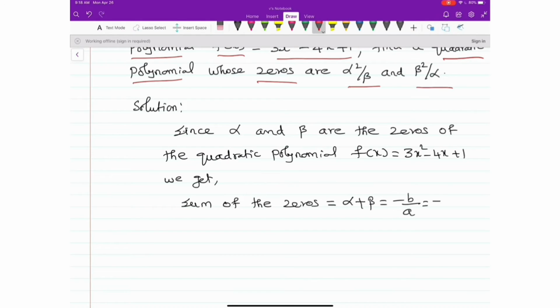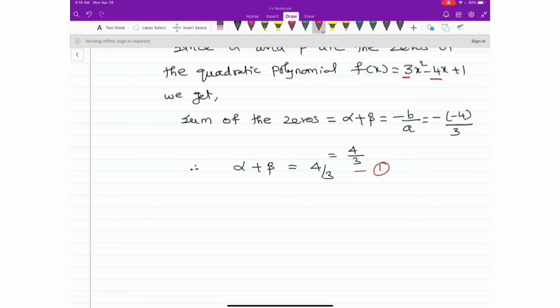Here the coefficient of x is minus 4 and a is the coefficient of x square, which is 3. So let me write over here minus of minus 4 by 3, which is equal to 4 by 3. Therefore, alpha plus beta is equal to 4 by 3. Let me name this as 1.